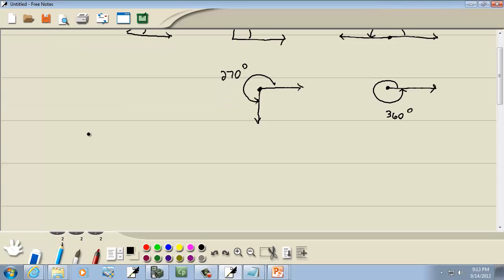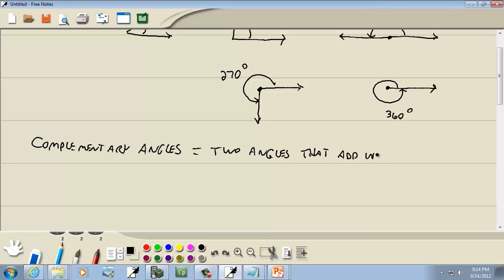Well, we have complementary angles, assuming I'm spelling that correctly. When you got complementary angles, that's two angles that add up to 90 degrees.